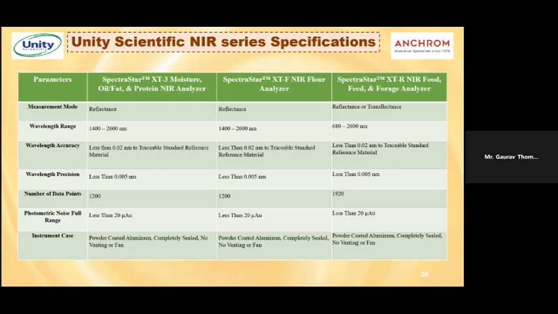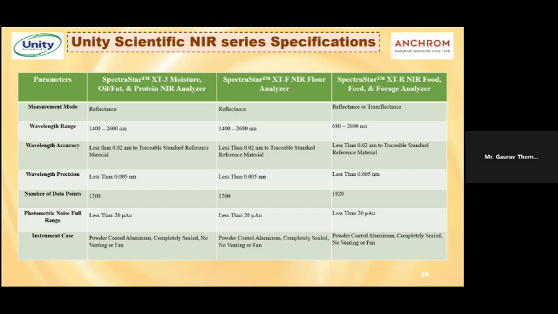From the heading itself you can make out that it is suitable for food samples that we consume, feed samples that animals or browsing animals consume, even forage samples that we give them for their health benefits. All these samples could be analyzed in this range. To analyze all these samples of different nature, it works in this range of 680 nanometers to 2600 nanometers.